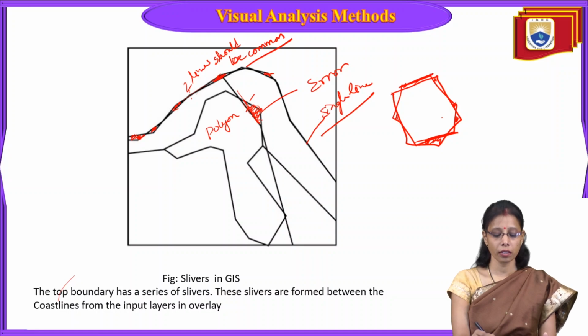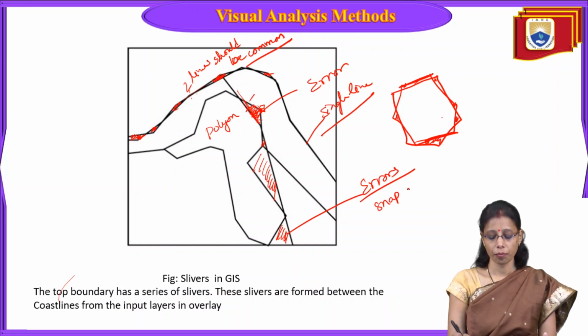This vertex will be snapped to this line. This is also one error, here is also one error. These are all errors. It has to snap exactly to the line.